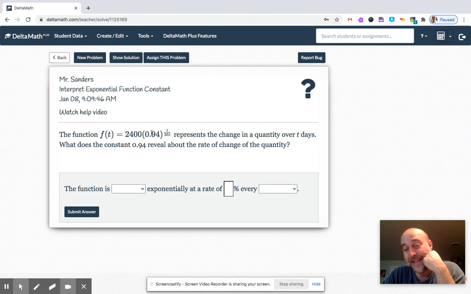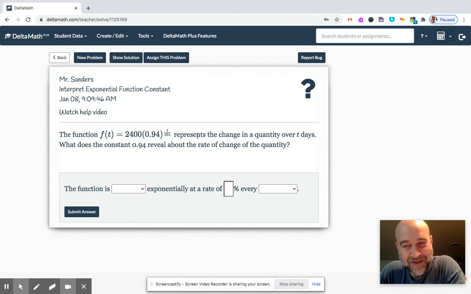We got decay, in this case a 6% decay, because this one's a little easier to do from the 1. And then t, or your exponent, is being divided by 365. If you were solving for t, you would have to multiply by 365, and that'd give you t of days times 365.